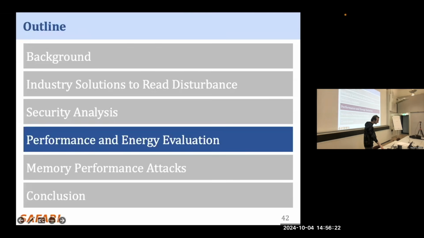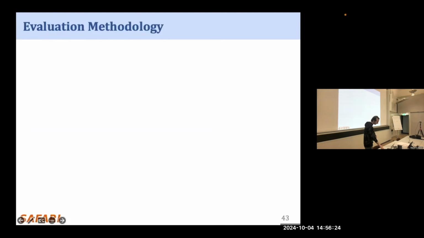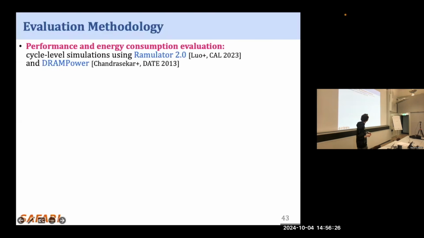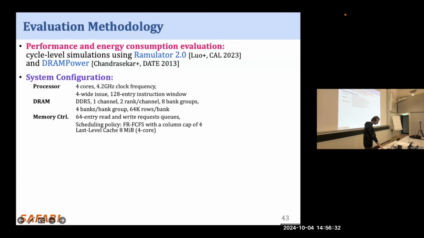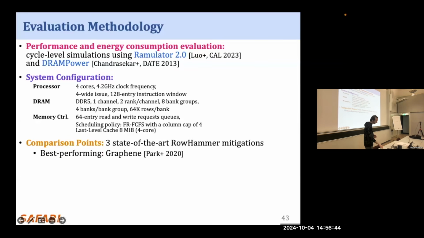We evaluate the performance and energy of both mechanisms using Ramulator 2. We implement both mechanisms in Ramulator 2 and extend Ramulator 2 with DRAM power to be able to analyze the energy overheads of these mechanisms. We use a realistic 4-core system with a DDR5 module that has 2 ranks and 64 banks total. We compare against 3 state-of-the-art RowHammer mitigation mechanisms.